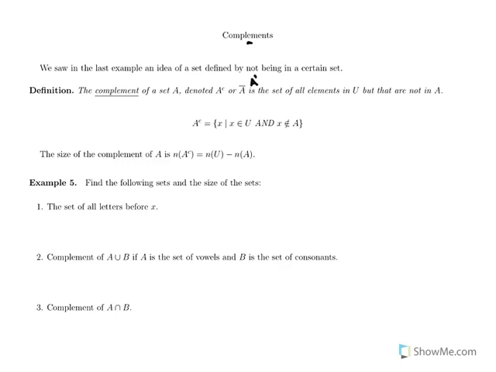So that's going to be A, B, C, D, all the way to X. And although we could represent that set like that, we could also just think about that this is going to be the complement of all the letters after X, or including X. So X, Y, Z are all the letters that are not before X, and we could just take the complement of that set. That's a way to represent that set.